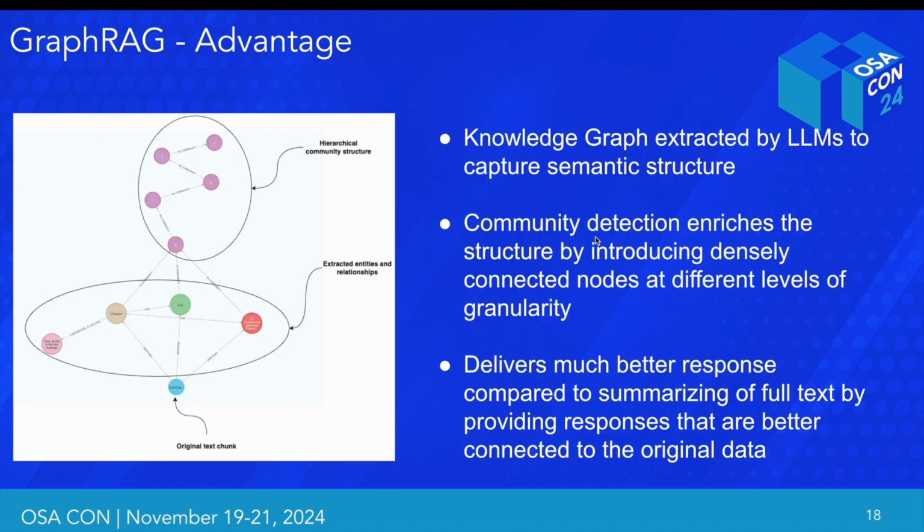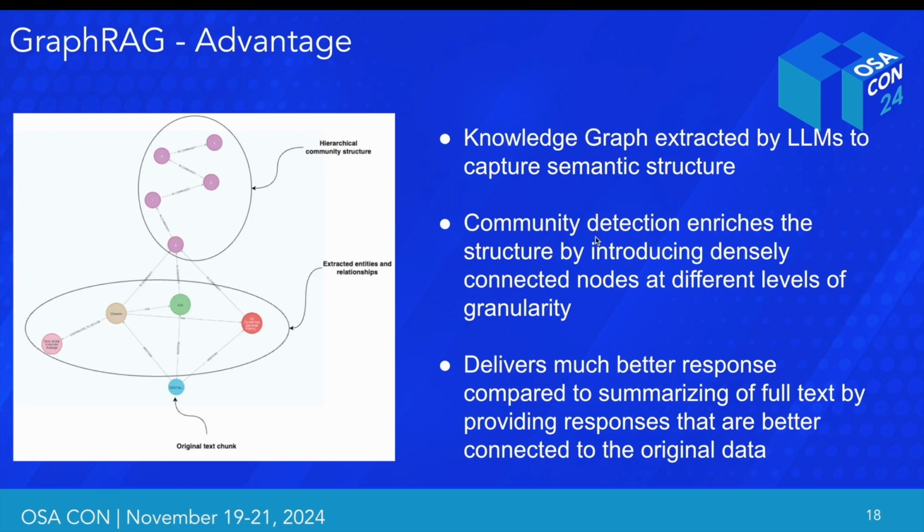Now, this hierarchical community detection to identify clusters within the graph enriches the structure of the data and delivers a much better result compared to just a search from a summary of the full text. So community detection within these extracted chunks of text enriches the structure of data by introducing densely connected nodes at different levels of granularity.